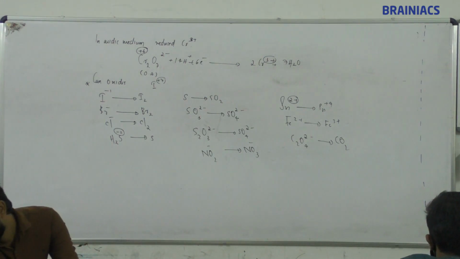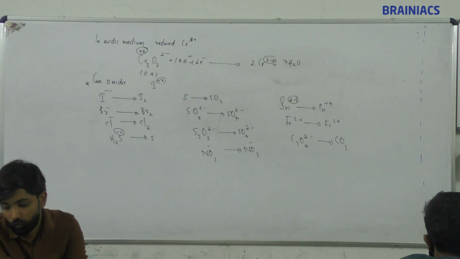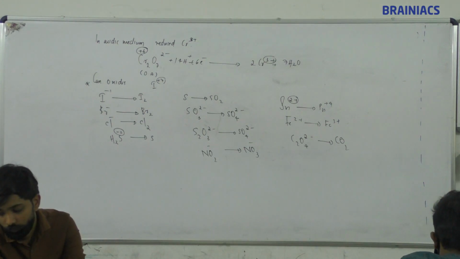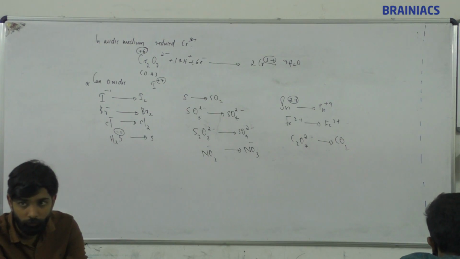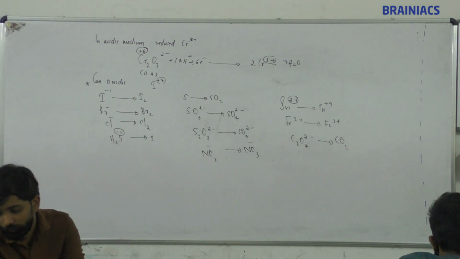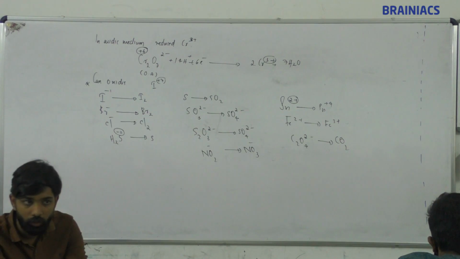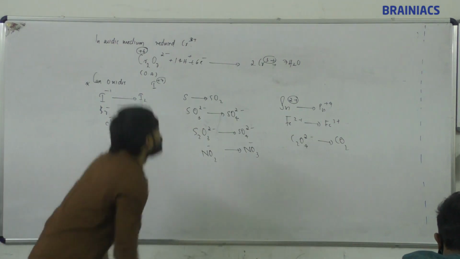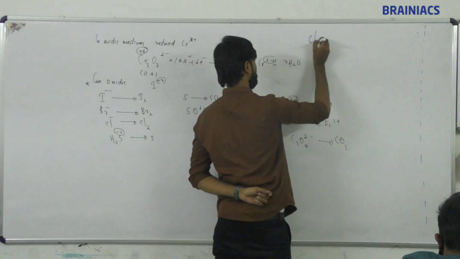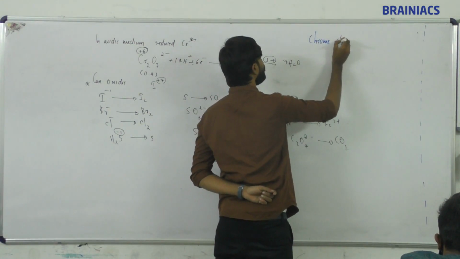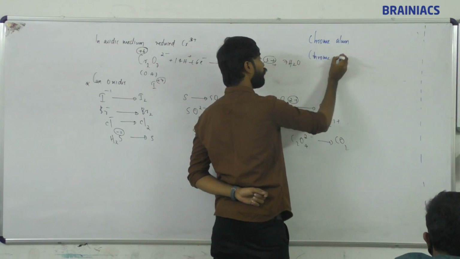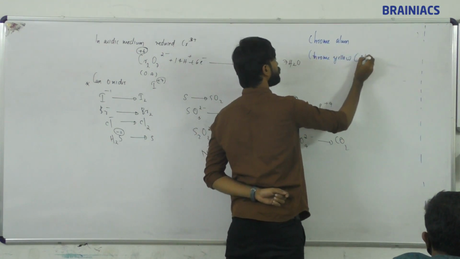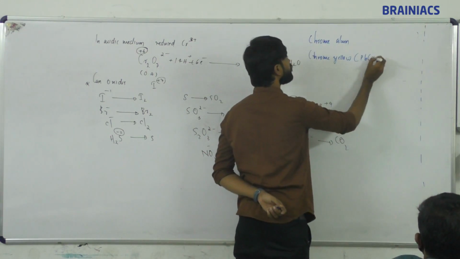Then chrome yellow. Lead chromate is said to be chrome yellow, PbCrO4. Chrome yellow is a common name which indicates lead chromate.